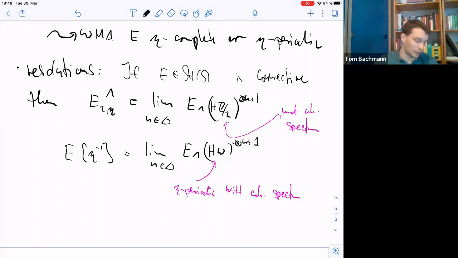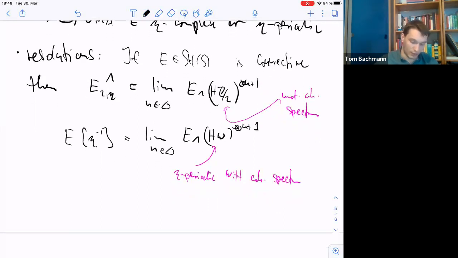So in order to know that this works, for here you need the Hopkins-Morel isomorphism. And for here, you need to study the eta-periodic category quite carefully, I think. So this uses rather non-trivial input.